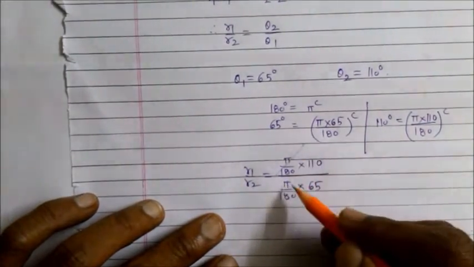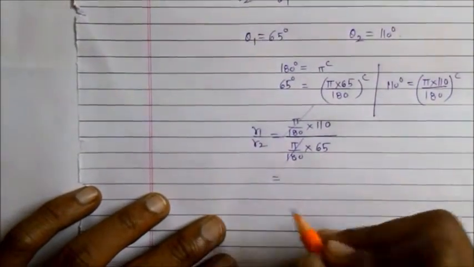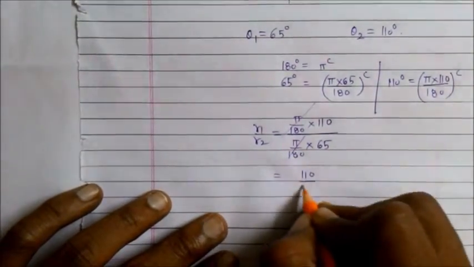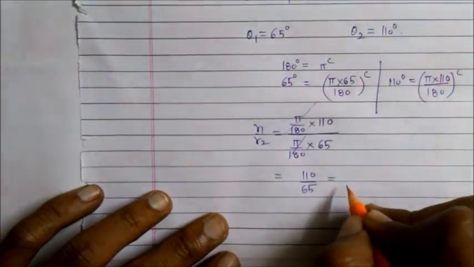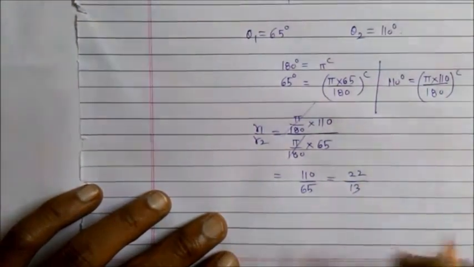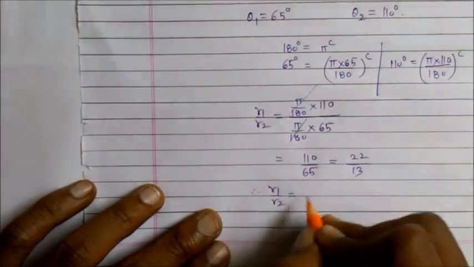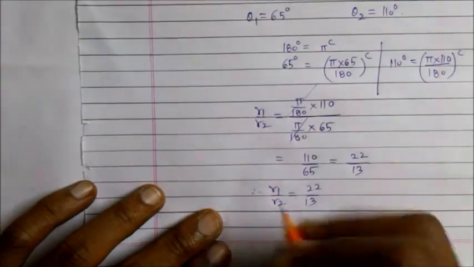Now this pi by 180 will get cancelled. So R1 upon R2 is 110 upon 65, which will be 22 divided by 13. Therefore, R1 upon R2 is 22 upon 13.